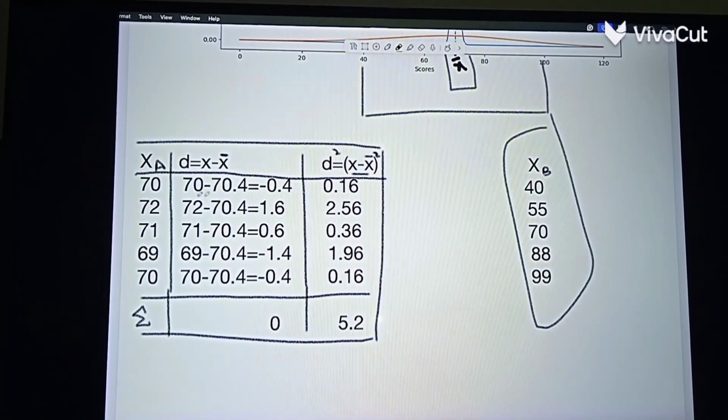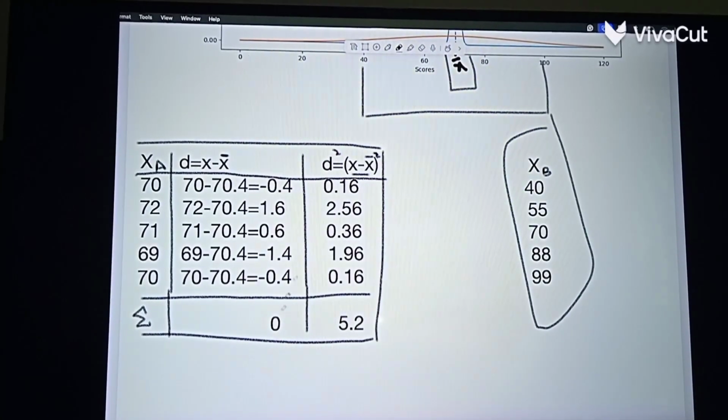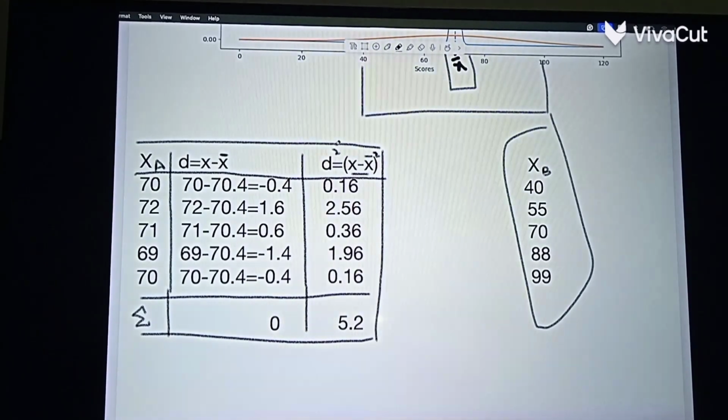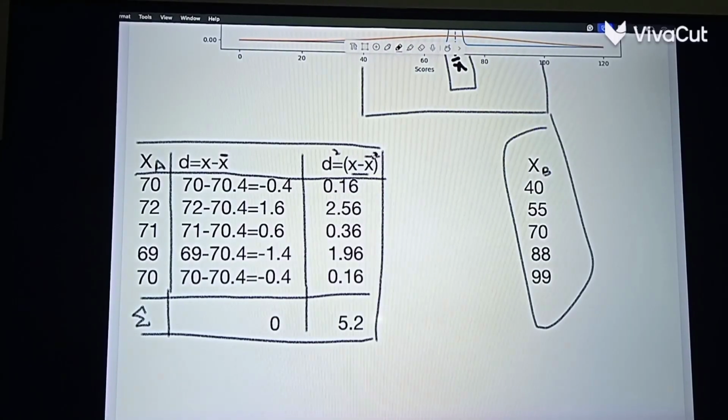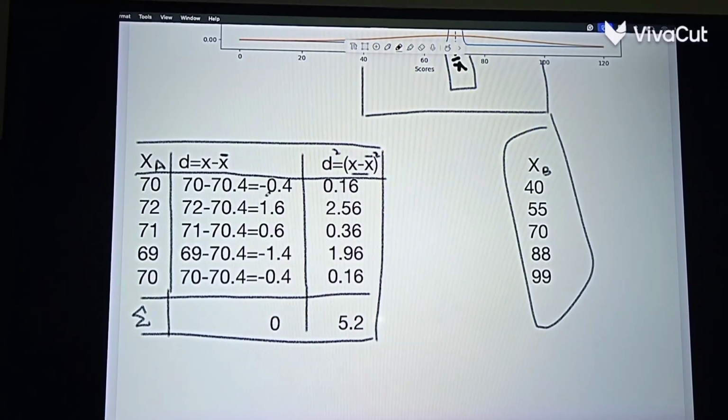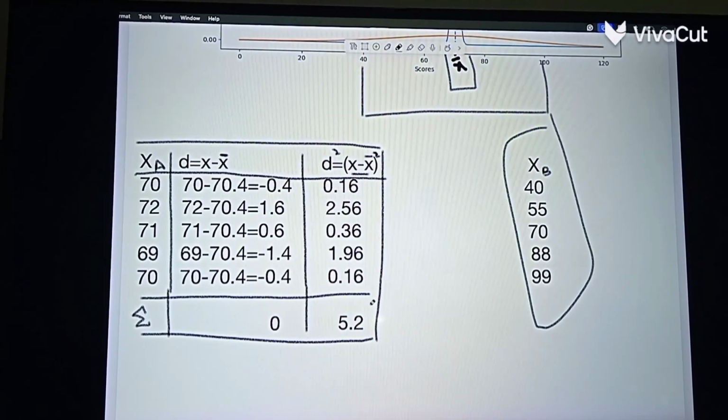So 70 minus 70.4, then 72 minus 70.4, and so on. The first one gives me minus 0.4. Then I added another column for square deviation, D square, which is x minus x bar whole squared. So minus 0.4 squared becomes 0.16, 1.6 squared becomes 2.56, and so on.